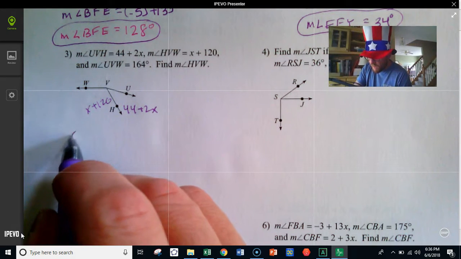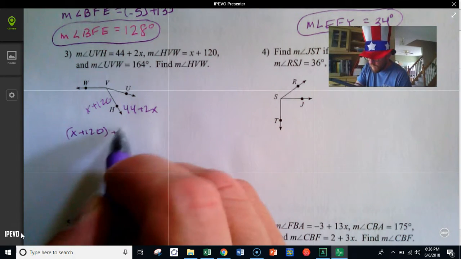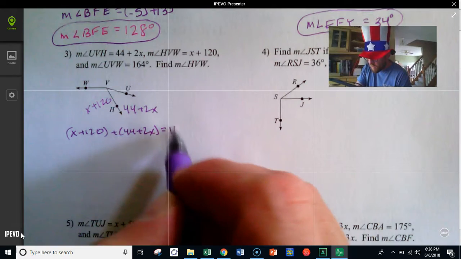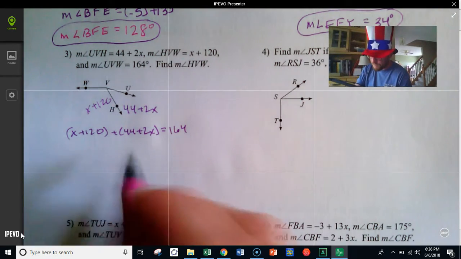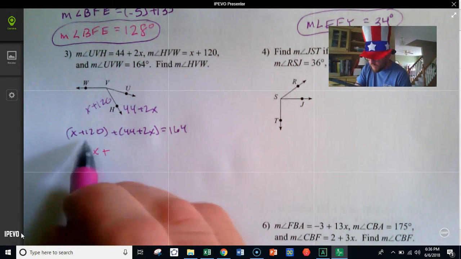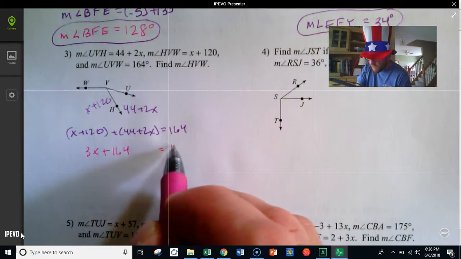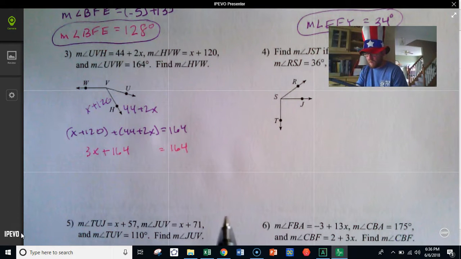So we have x plus 120 plus 44 plus 2x equals 164. I'm going to do some combining of like terms. I have a total of 3x plus 164 equals 164.